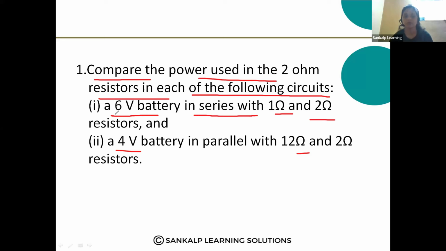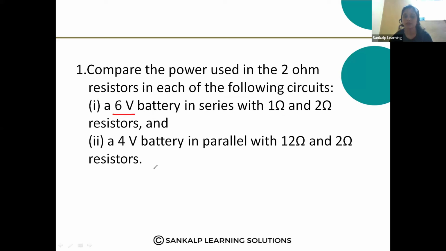First note down V. In the first case, V is equal to 6 volt. Then the resistors, you can take R1 and R2. R1 is equal to 1 ohm and R2 is equal to 2 ohm.